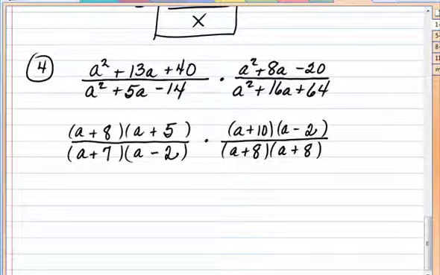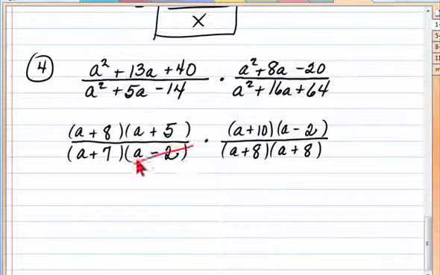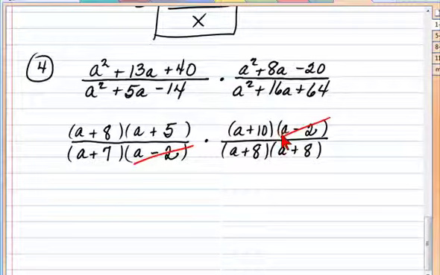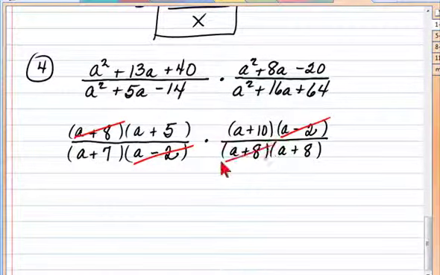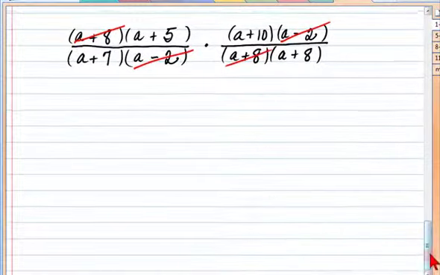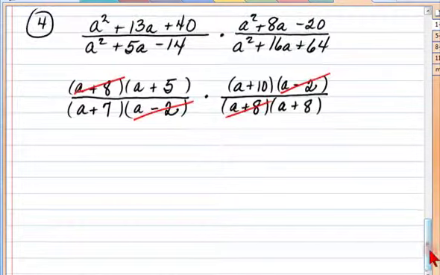Do you see any common factors for me to divide out? Okay, whatever you tell me. Okay, I heard an a minus 2, a plus 8, and is that all? I think so. Now, my math lab, for the most part, does what most math textbooks do.